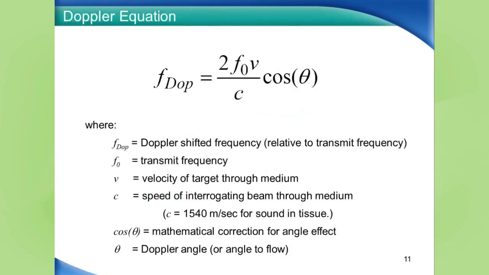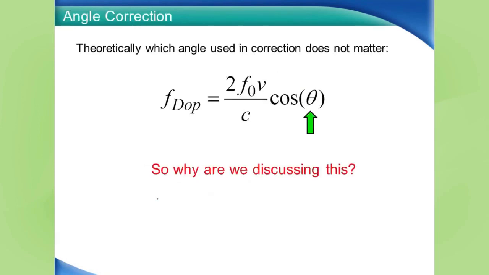Okay, so here we have the Doppler equation. The Doppler shift equals 2 times the operating frequency, the transmit frequency, times the velocity, what's moving, divided by C, times the cosine of the angle. All right. So now what's this idea of angle correction? Well, as we just saw, the amount of Doppler shift you detect depends on the angle at which you're actually insonifying the blood.